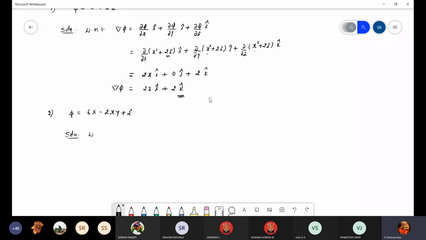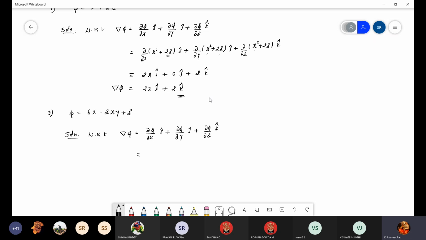We know that grad phi equals dou phi by dou x i cap plus dou phi by dou y j cap plus dou phi by dou z k cap. So if you want, you can substitute phi.